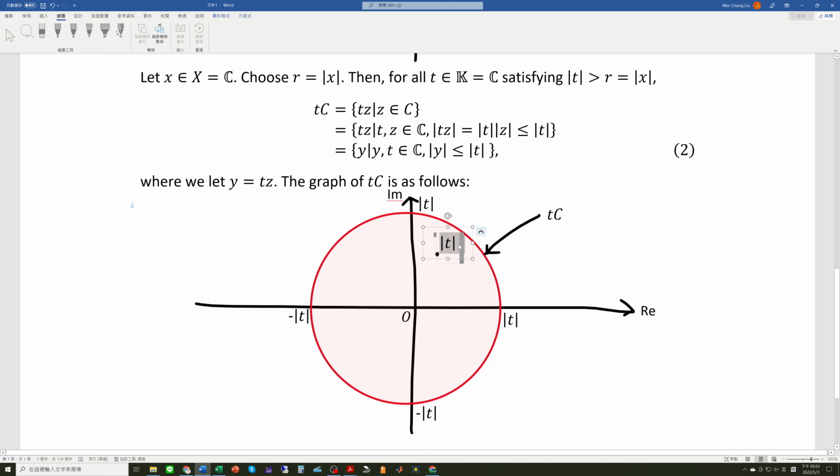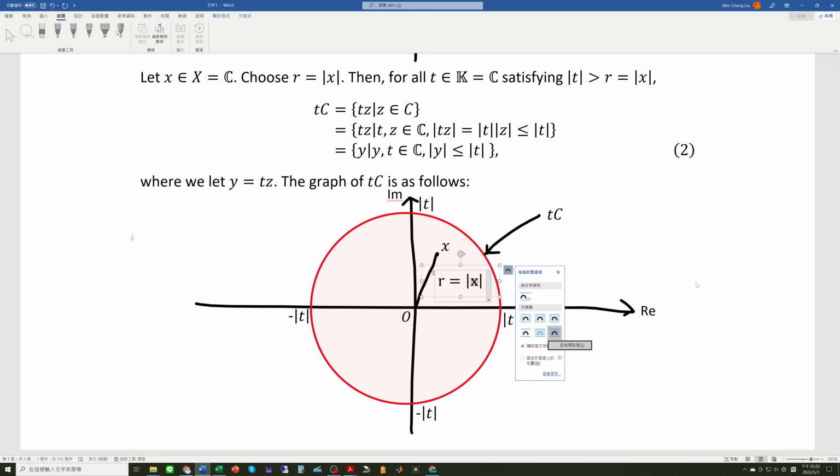And the distance between the point x and the origin is equal to r, which is equal to the absolute value of x.